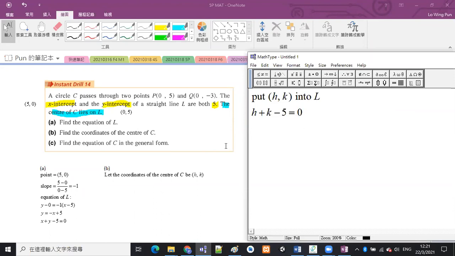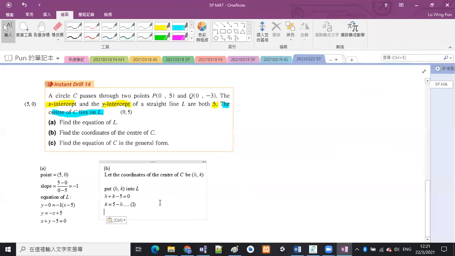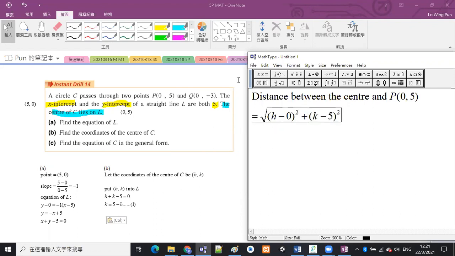And then we will make one of them the subject. k is equal to 5 minus h. And make it equation 1. And then we also have the coordinates of 2 points lying on the circle. So we can construct the radius, that is the distance between the center and P, which is equal to this: square root of h minus 0 squared plus k minus 5 squared.